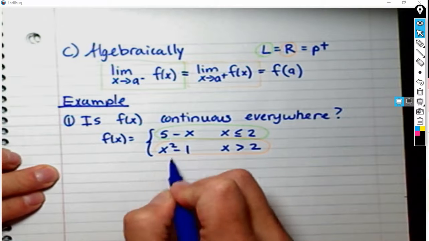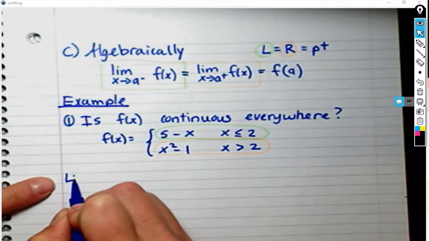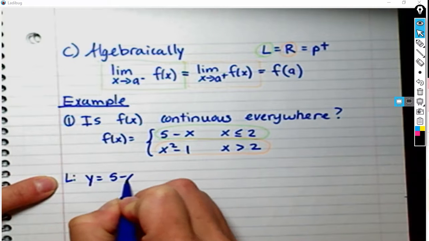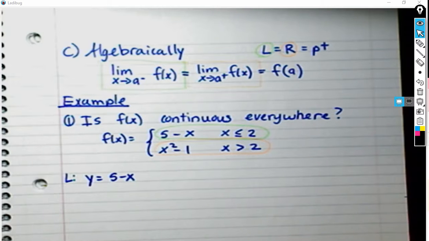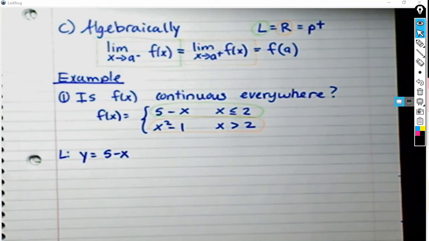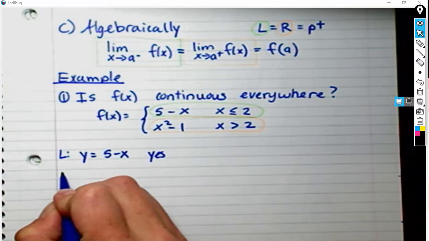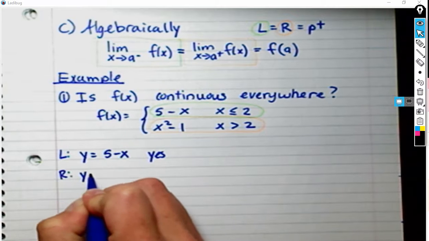So we have two pieces. I'm going to look at the left side first. Is that graph continuous? Y equals 5 minus x. Yeah, it's a straight line. It's continuous, so yes. Now I'm going to look at the right side.